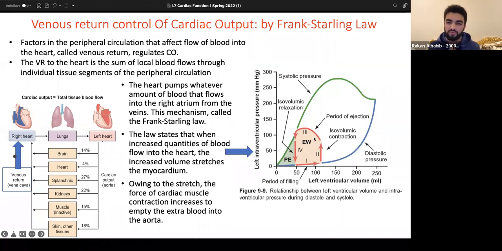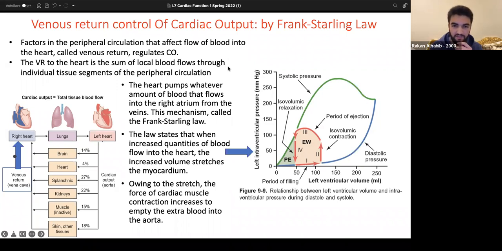Okay, this one. So basically there's a curve because in the beginning you're opening the valve, you're going to be pumping out blood, but in the beginning the valves will not be open. You know how valves work? It won't be open directly. You're going to have a period of time until the valves are completely open, which is this increase, and then it's going to decrease because the amount of blood is going to decrease and the amount of pressure is going to decrease.